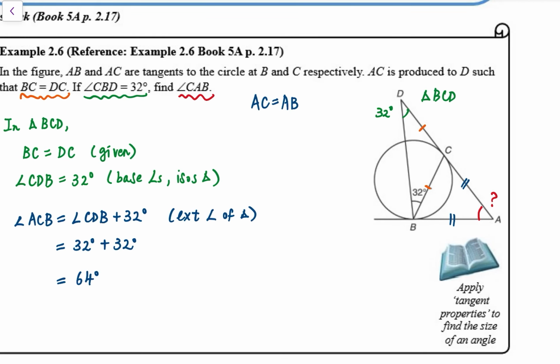So this angle here is 64 degrees. So if AC equals AB, which is our next step, then angle ABC should also be 64 degrees. So lastly, we can use angle sum of triangle to find the angle we want.